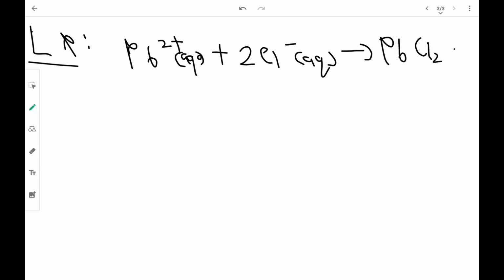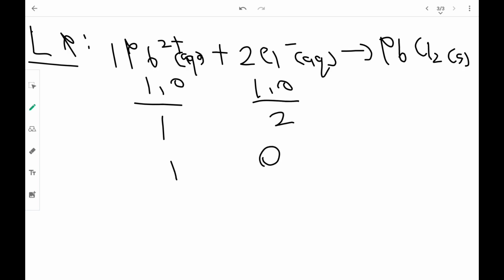Pb²⁺ aqueous plus 2Cl⁻ aqueous gives PbCl2 solid. Let's write the number of moles for each, 1 mole and 1 mole, and then we divide by the coefficient. Here the coefficient is 1, so we divide by 1, and here it's 2, which gives us 1 and 0.5. And obviously 0.5 is less than 1, so Cl⁻ is the limiting reagent.